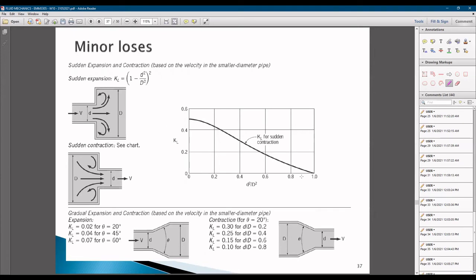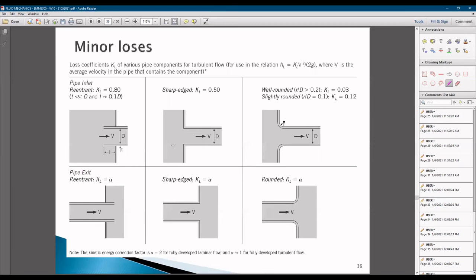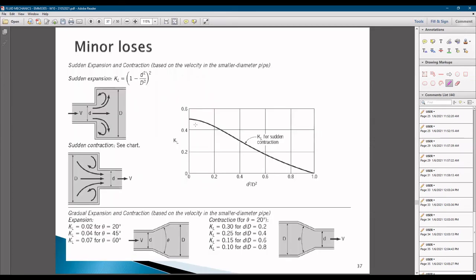This is the relation of this loss coefficient with the diameter of that particular pipe.